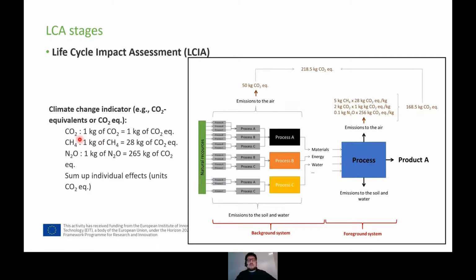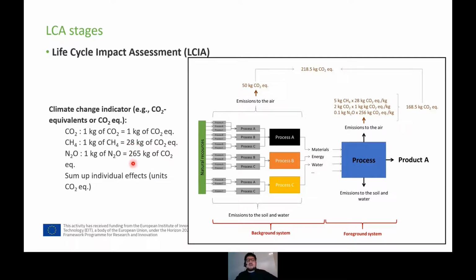Everything is based on CO2 emissions, so 1 kilogram of CO2 is equivalent to 1 kilogram of CO2. But in the case of methane or nitrous oxide, there are other characterization factors because they are much more polluting compared to CO2. In the case of methane, it's 28.